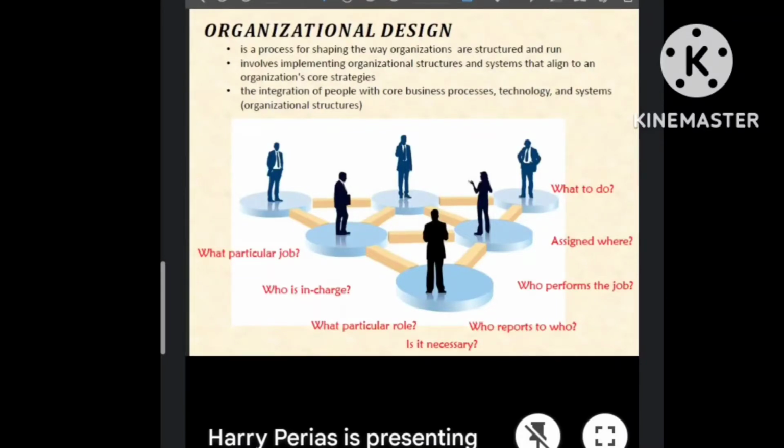And what to do in order to produce the goods and services? So basically, lahat ng ito halos is makikita mo agad-agad sa isang organizational chart kapag maganda yung pagkaka-design ng chart at ng structure ng isang organization.